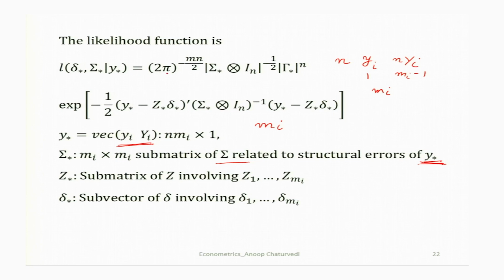And then you have the likelihood function: 2 pi to the power minus n m_i by 2, determinant of sigma star Kronecker product I_n to the power minus 1 upon 2, then determinant of capital gamma star to the power n, exponential minus half (y star minus Z star delta star) transpose (sigma star Kronecker product I_n) inverse (y star minus Z star delta star). So, you have this likelihood function.